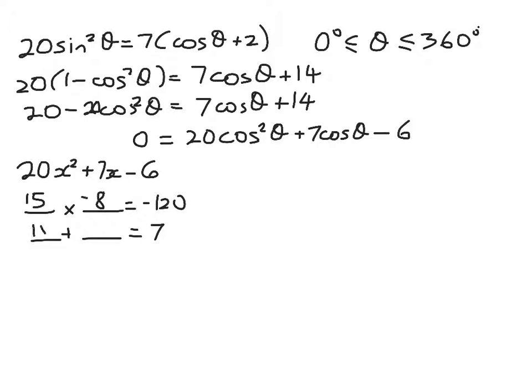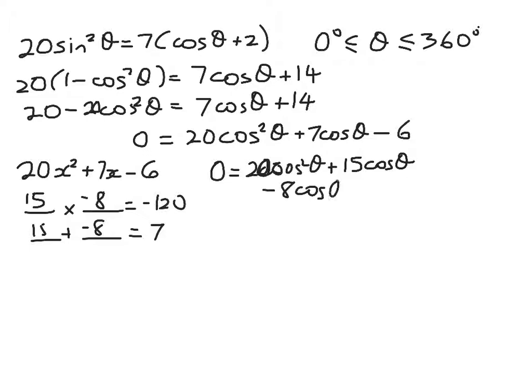They'll work. So I'm going to split that quadratic up as follows now. 20 cos squared theta, now we'll split that middle term into a plus 15 cos theta minus 8 cos theta minus 6.